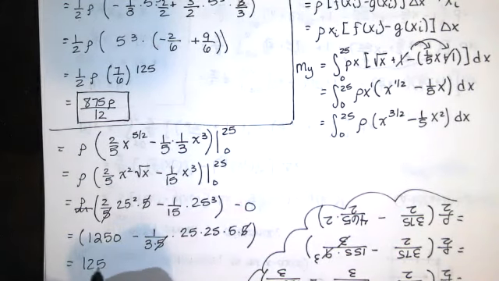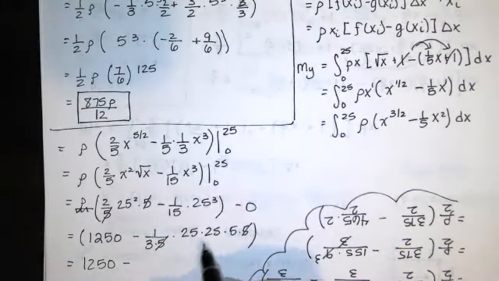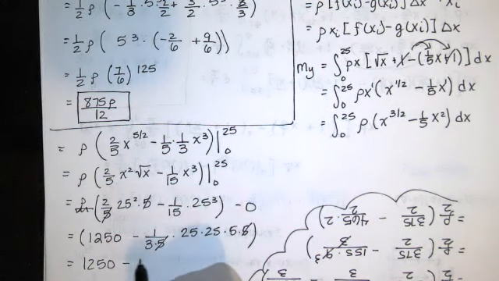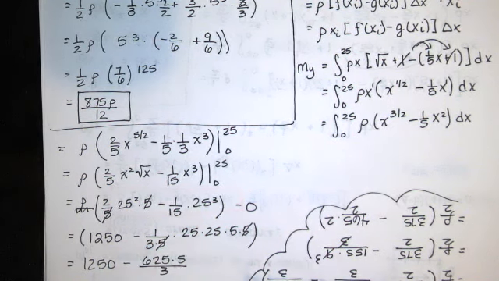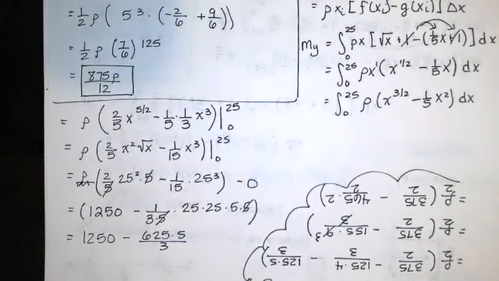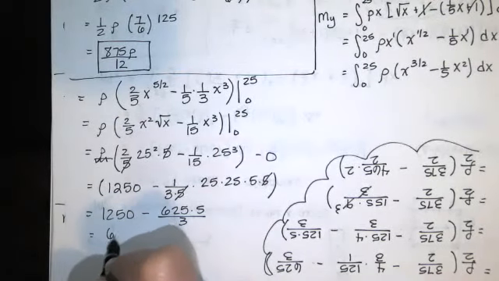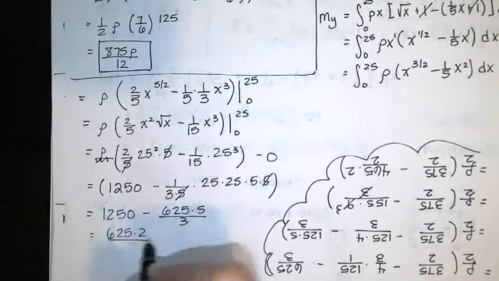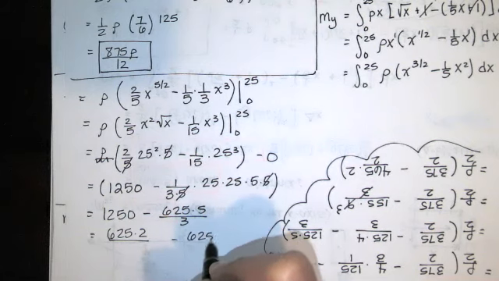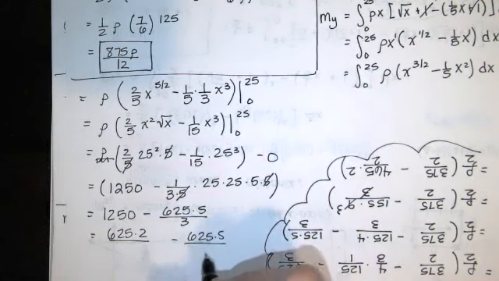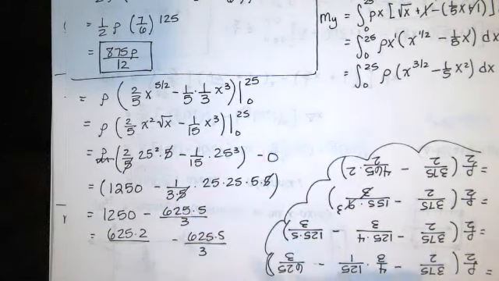And so now we've got 1250 minus this 625 times 5/3. Actually, in that case, it might be helpful to write this as 625 times 2. And we want a common denominator.